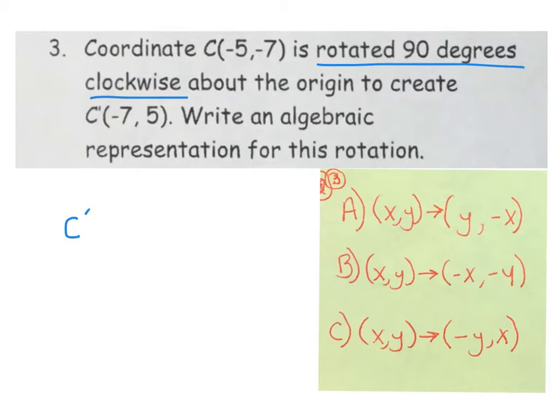So C, which is -5, -7, changes to C prime, and that changes to -7, 5. So you got to find the algebraic representation from A, B, or C right there that best matches what happened in the problem.